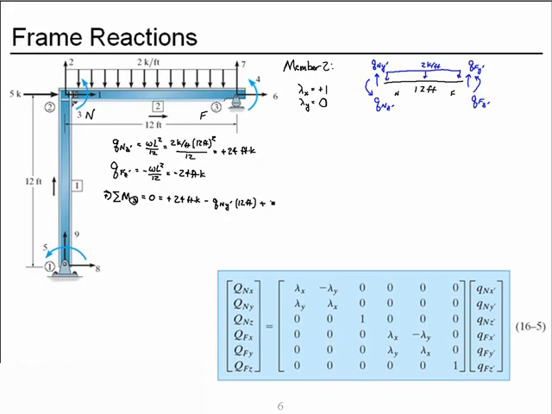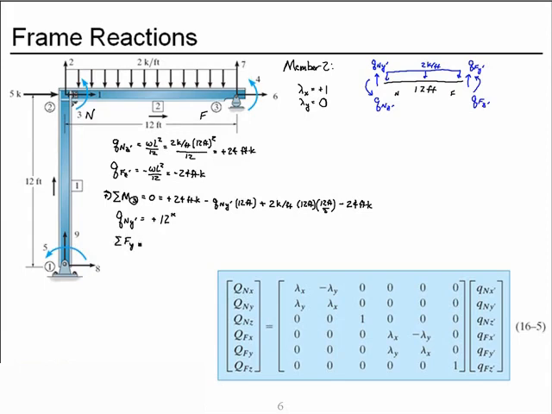A positive contribution from the distributed load acting over 12 feet for the resultant, acting at a distance of 12 over 2 feet from node 3, and the fixed end moment at the right end, a negative 24 foot kips. Solve that for QNY prime, and we get a positive 12 kips.